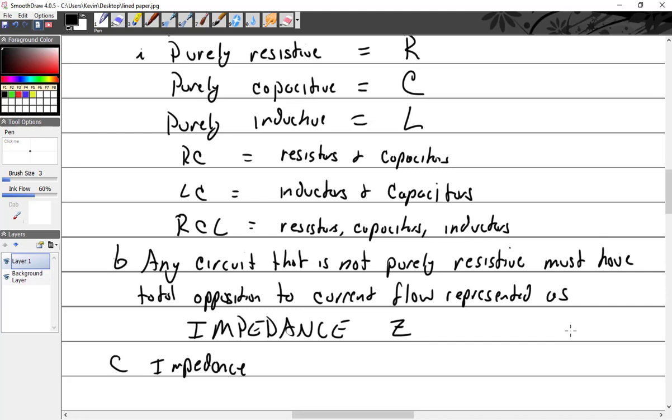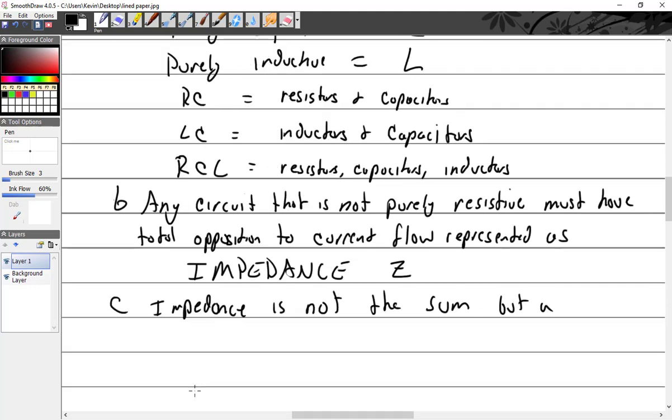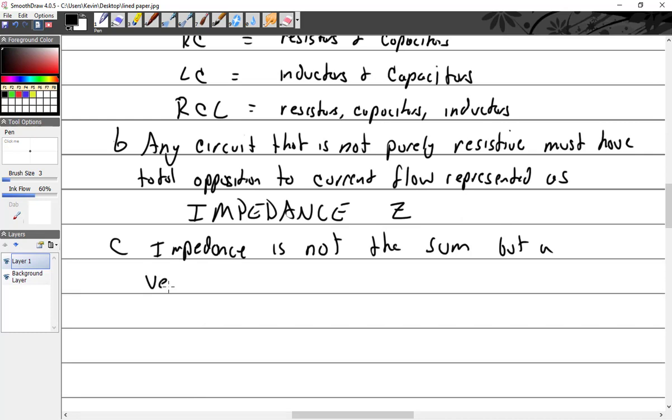That is the combination of them all. And it's not something you can simply just add up. Impedance is not the sum of each. What does sum mean? The addition of them. It is not the sum, but a vector sum.